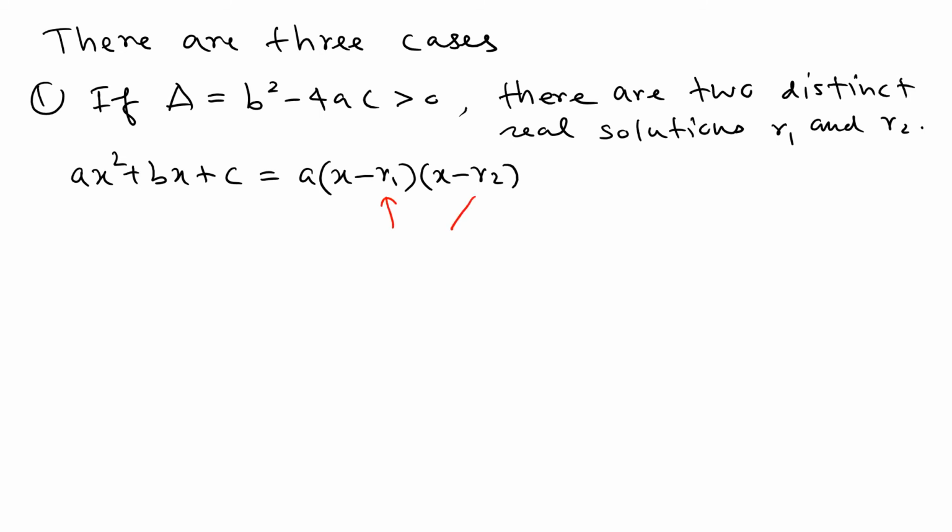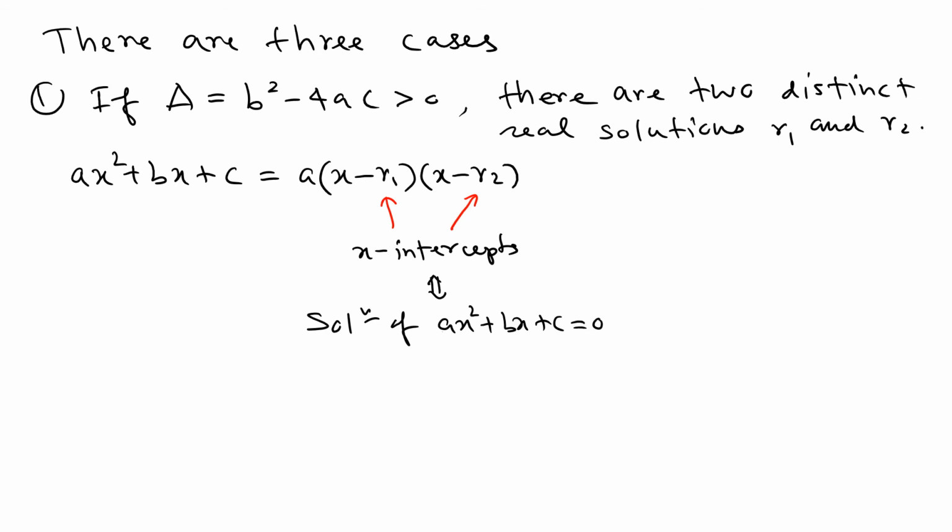These are the solutions, or the x-intercepts of the equation ax squared plus bx plus c equals 0.